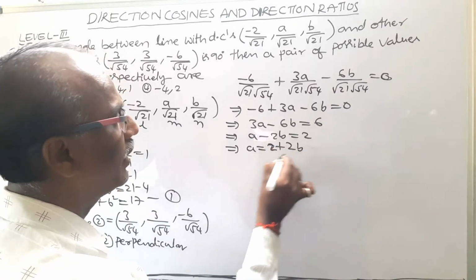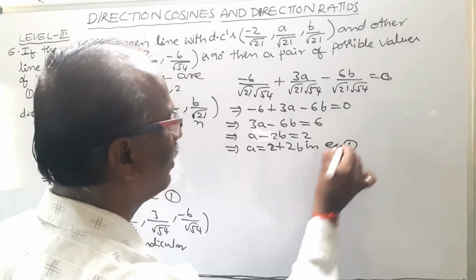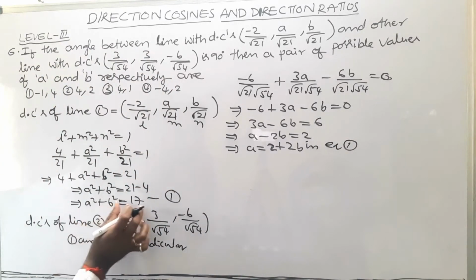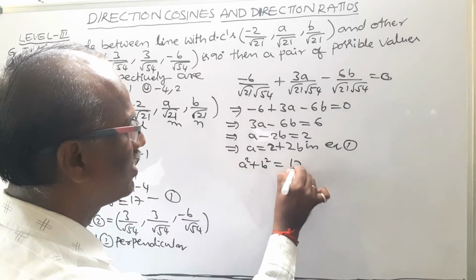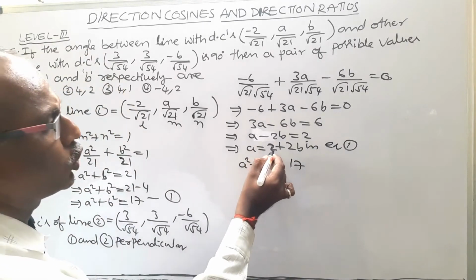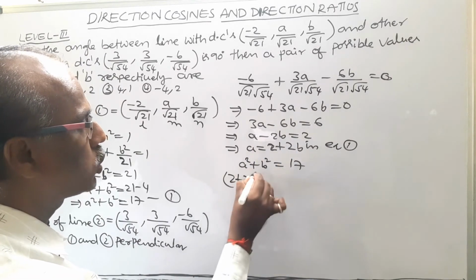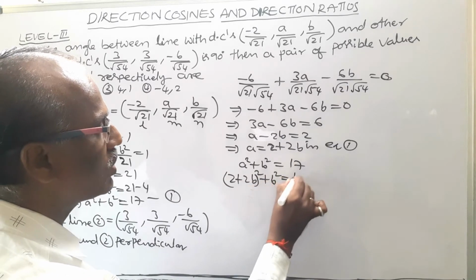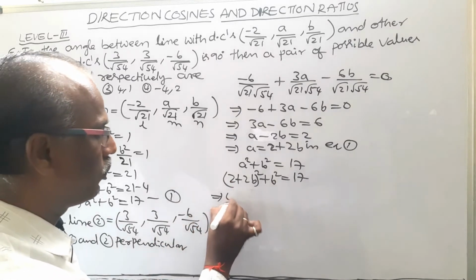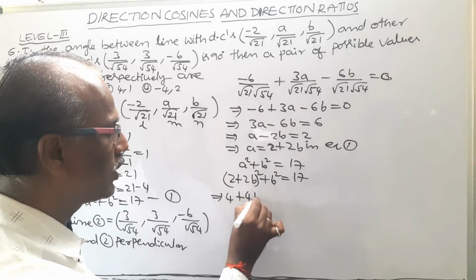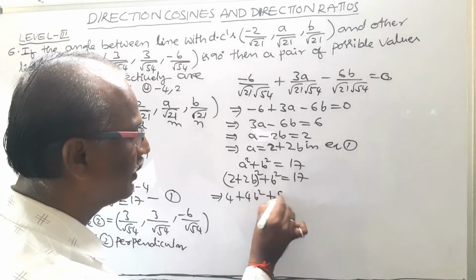Substitute 2 plus 2B in equation 1. This is equation 1: A square plus B square equal to 17. In place of A, substitute 2 plus 2B. 2 plus 2B whole square plus B square equal to 17. Using the (a plus b) whole square expansion: 2 square is 4, 2B whole square is 4B square, 2AB is 2 into 2 into 2B, 8B.